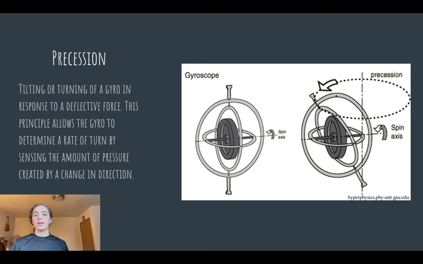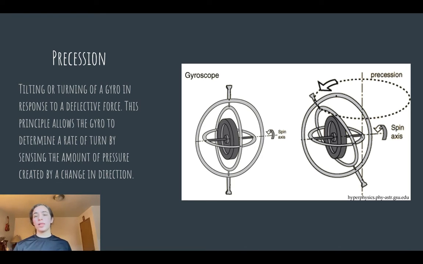The second gyroscopic action is precession, and it is a tilting or turning of a gyroscope in response to deflective force. The reaction of this force occurs at a 90-degree angle in the opposite direction on which the force was applied.